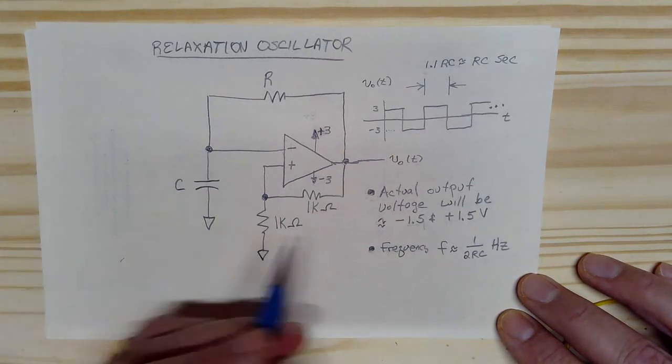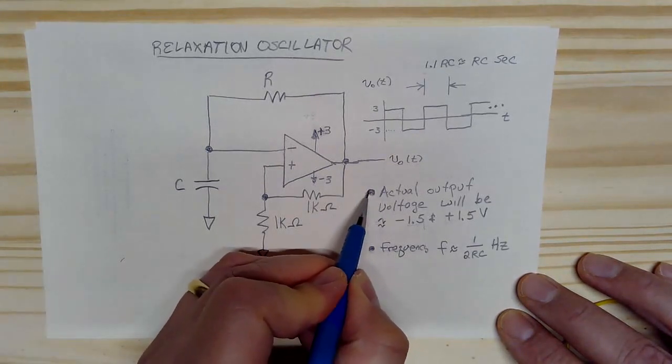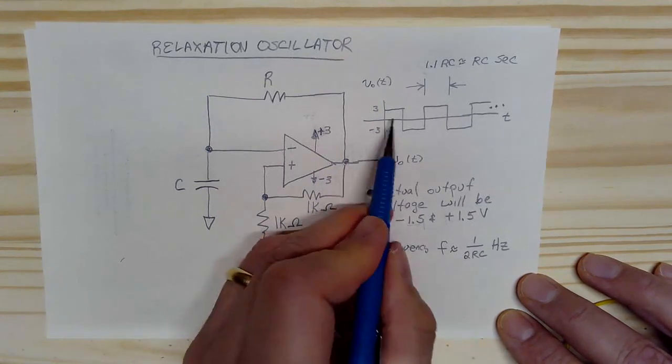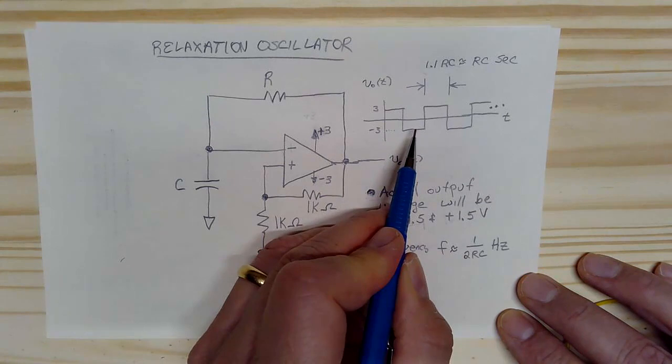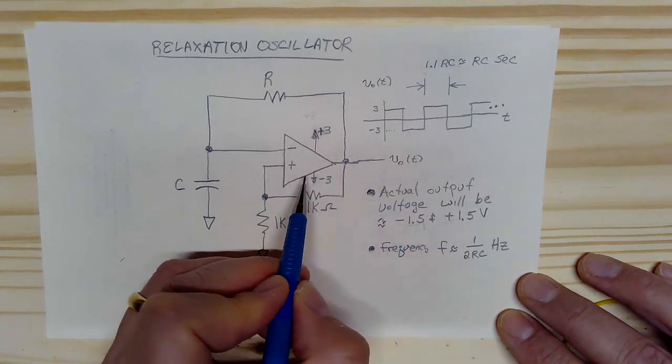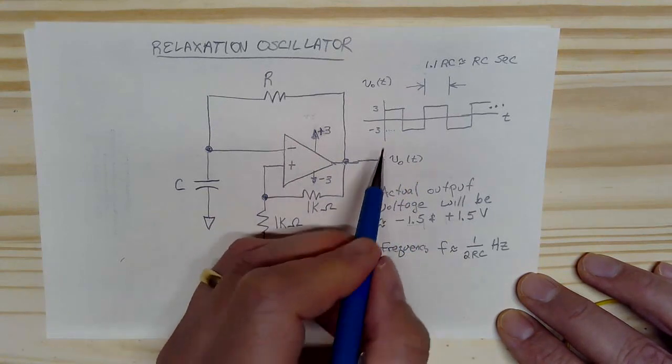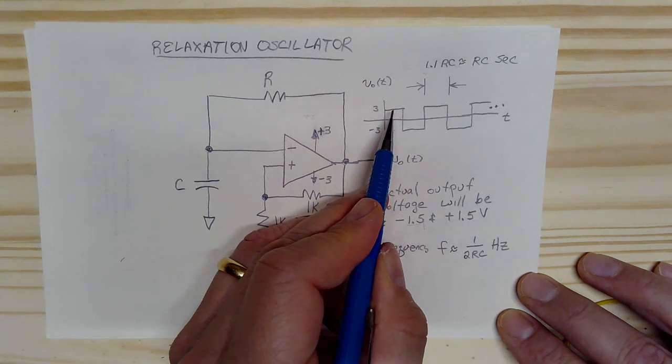Okay, now a very practical matter that we're going to have to contend with for the second half of this is that the output voltage will not actually be 3 and negative 3. It'll be something less than that. And how much less depends on the actual amplifier that you've got. You're going to find that the output voltage is somewhere between 1 and 1.5 volts less than the power supply voltage.